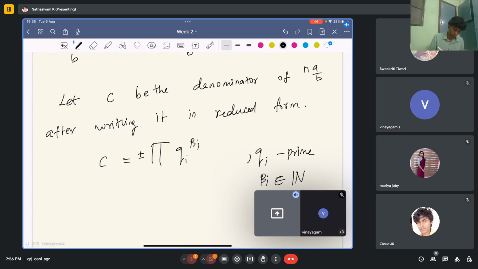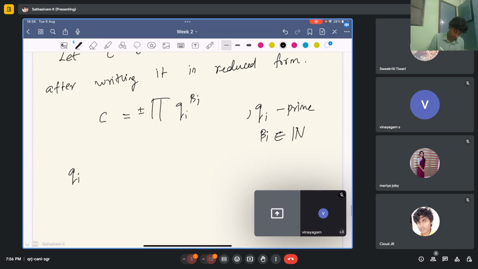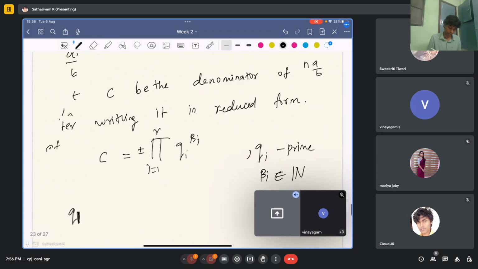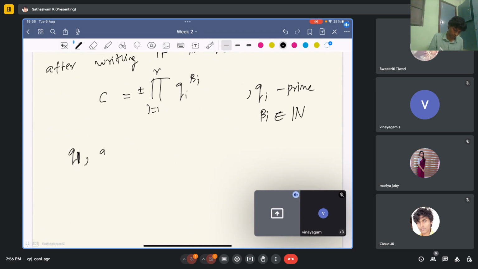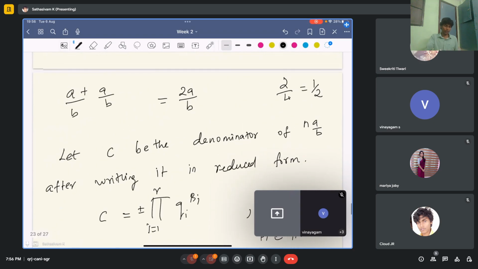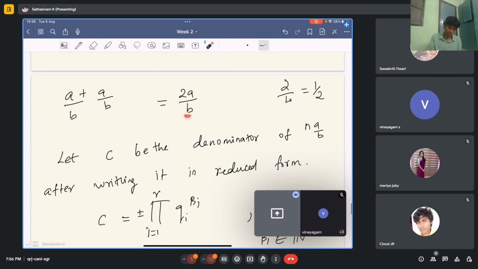So if you observe this q_i, let me call it q_1, let's say i equals 1 to r. If you write q_1, q_2, etcetera, to q_r, the set is a subset of p_1 to p_n. Why? Because when you add, the denominator kind of stays the same, but you may divide some terms of that.